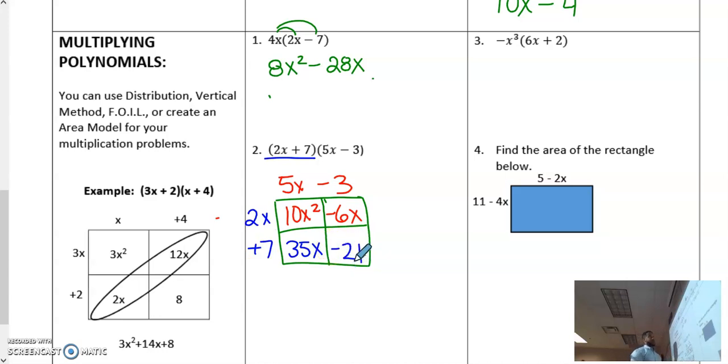Last thing you need to do is combine your like terms. The like terms are always going to be diagonal. So when we write our final answer, it's 10x squared. But we have to subtract these because one is negative, then 6 is negative. So that's going to be 29x minus 21.